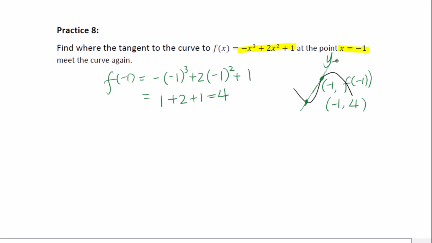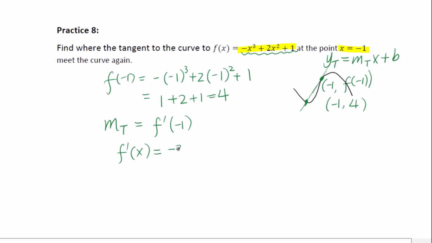We can figure out the linear equation of the tangent line at x equals negative 1. That is y sub t equals m sub t x plus b. We do know that m sub t, the slope of the tangent line, equals f prime of negative 1. And f prime of x equals the derivative of this f of x.